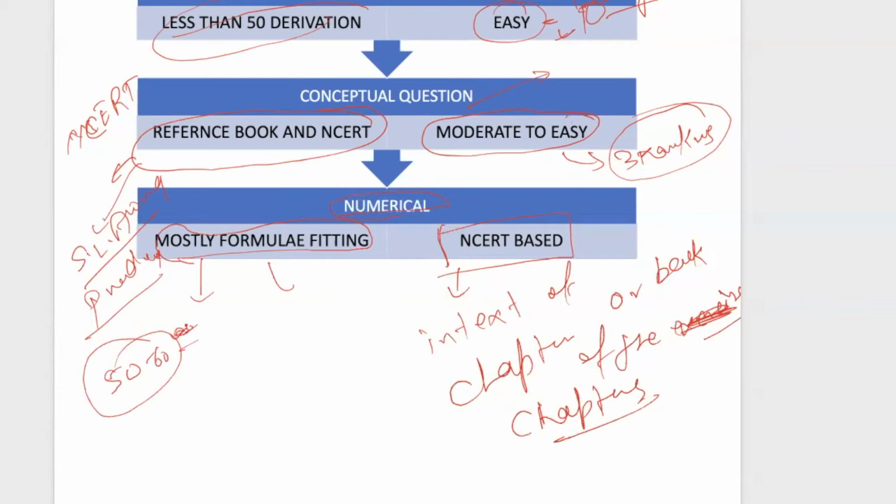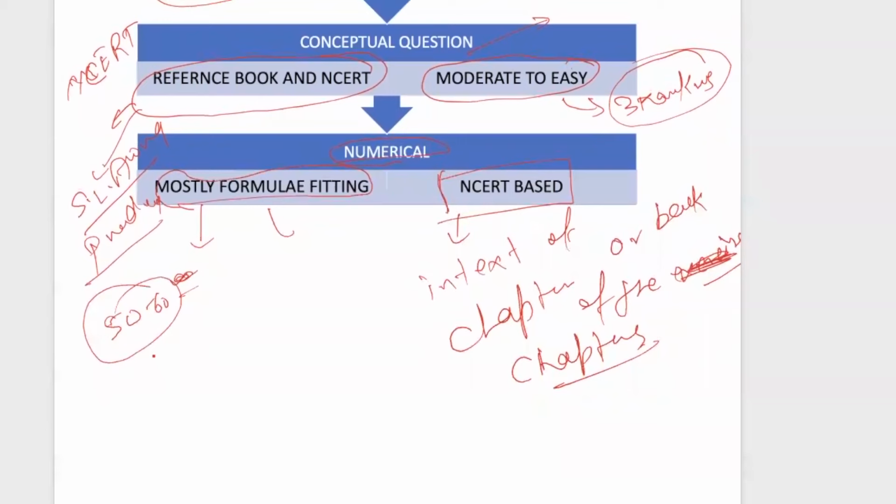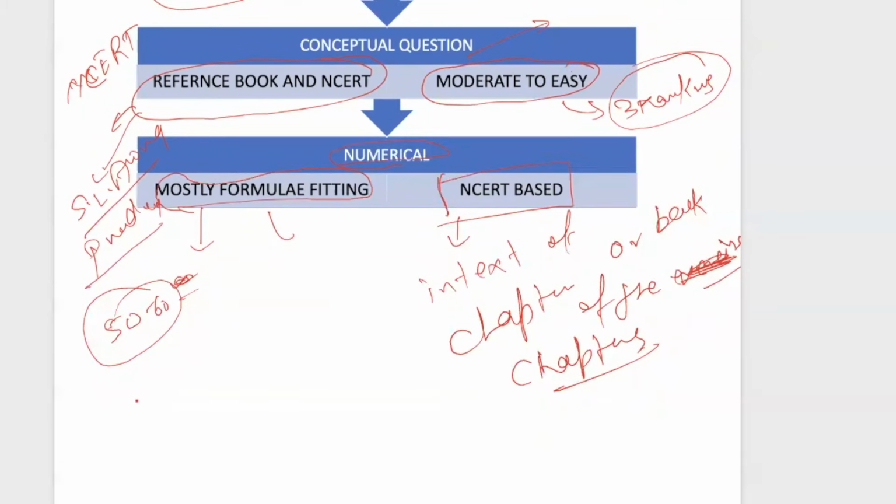But go with the specific topic that is most important in the chapter, and then you can score very easily. And the last is the 5 marker question, that is the case study based question, which you have to attempt after reading the comprehension. Suppose I'm giving an example, a comprehension on mirage.